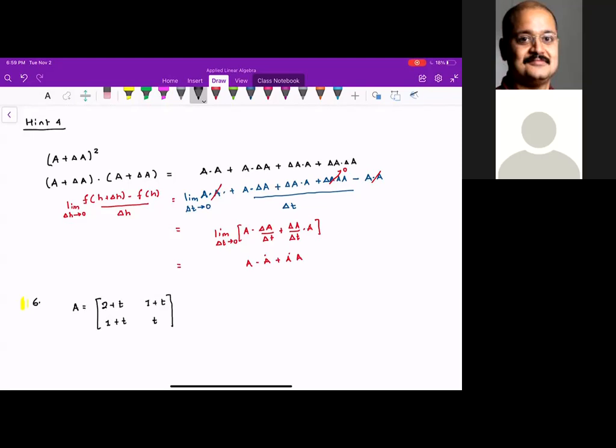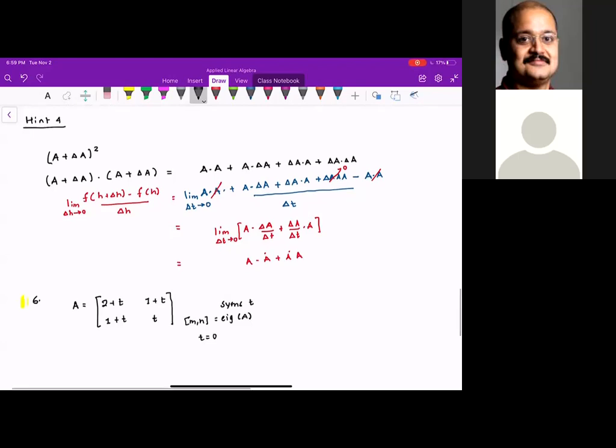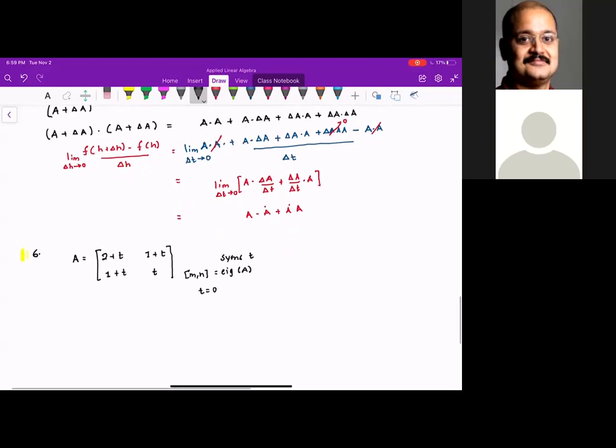Okay. So did you do syms t and then eig A, and then substituted t equal to 0, and you got some eigenvalues and eigenvectors, and your eigenvectors are different than the eigenvectors Jesse said?